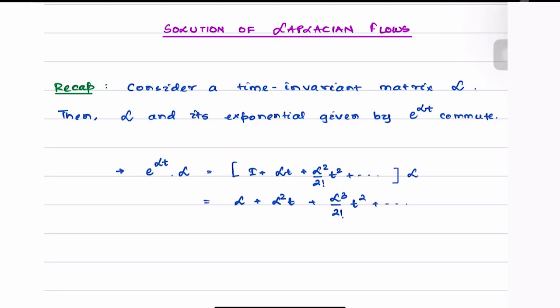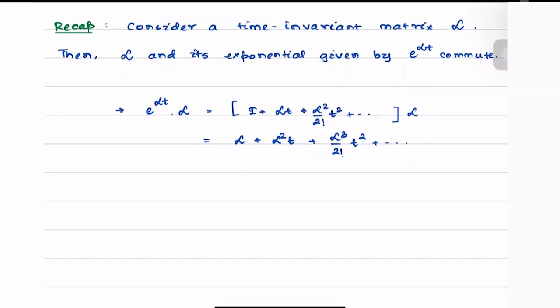Notice that what we can do here is we can again take L common, but now on the left. So we write L times I plus Lt plus L squared divided by 2 factorial times t squared, and so on. Hence, what we get here is L, and this entire thing is nothing but the matrix exponential again, so e raised to the power Lt.